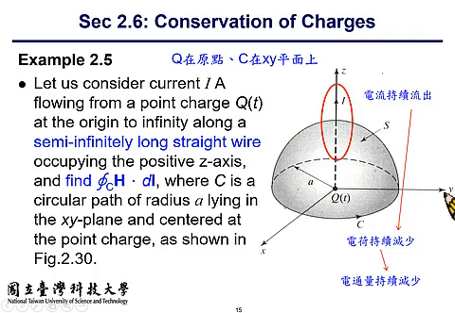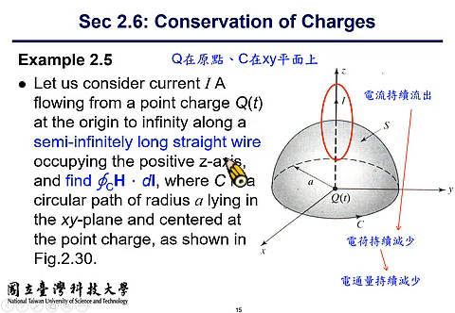And there is a planar circular surface lying on the xy plane. This planar circular surface happens to cut the point charge Q in half. Of course, you can argue that, well, it's a point charge, how do you cut it in half?